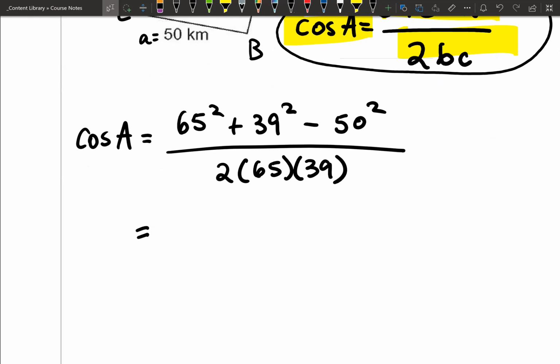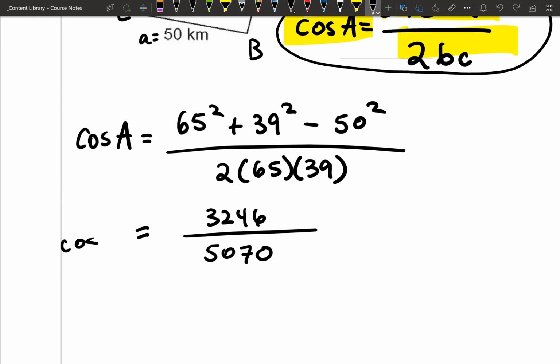If we calculate this, we're going to have 65 squared plus 39 squared minus 50 squared. The numerator is going to be 3,246 when I simplify that, and the bottom is going to be 2 times 65 times 39, which is 5,070, right?